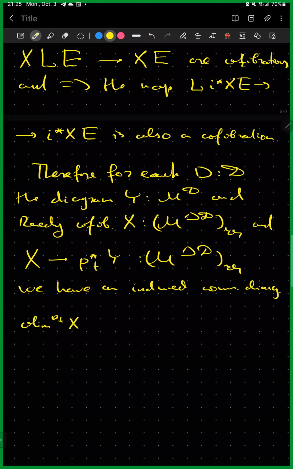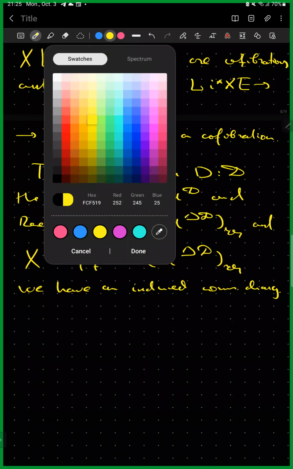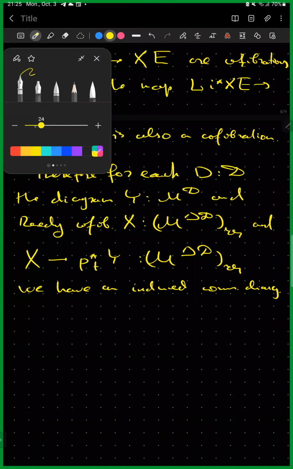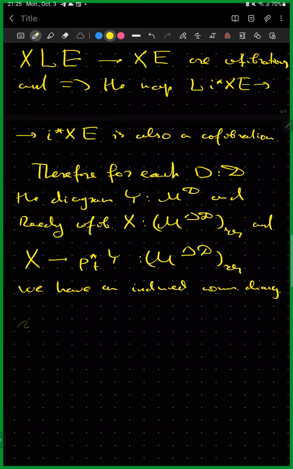This diagram, oh, let me think how to plot it. Oh, let me try to use a smaller pen first. Okay, so we start from here.